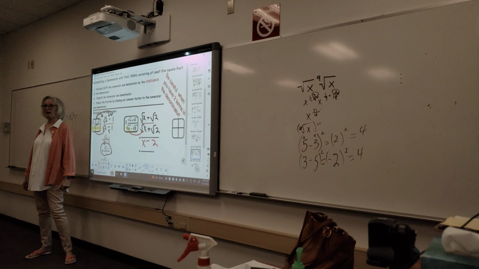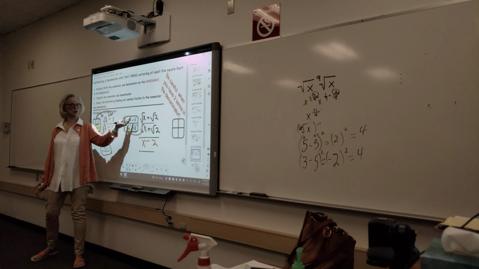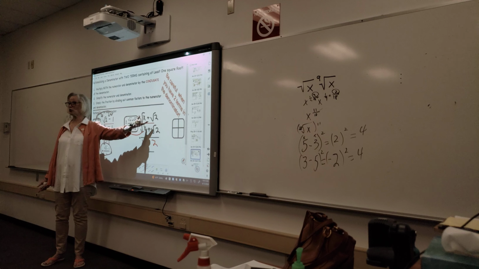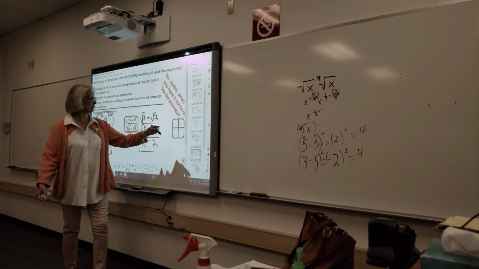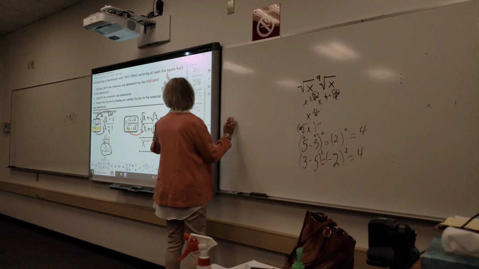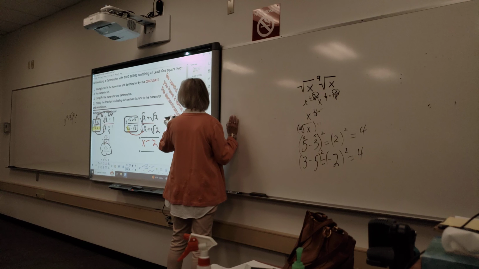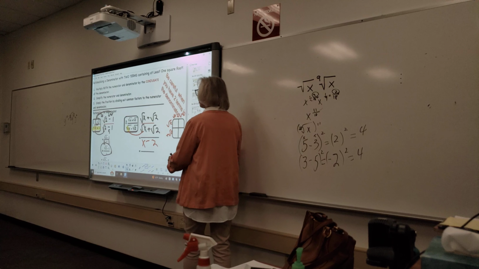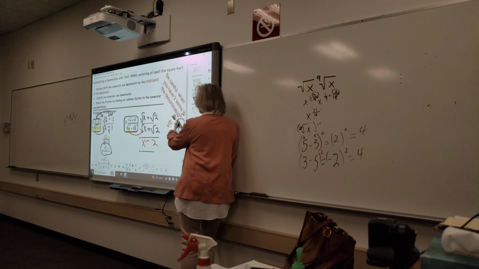Distribute. You gotta do FOIL, or you gotta do the box method, because you have 2 terms times 2 terms. So I'm gonna come over here and put radical x plus radical 2, radical x plus radical 2. And I'm gonna multiply these guys all together.